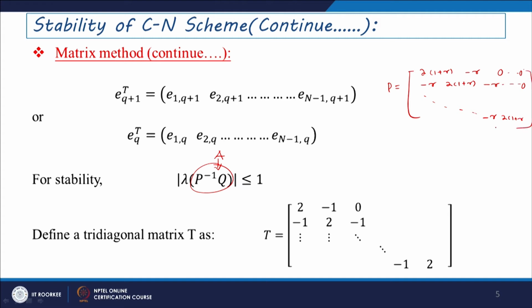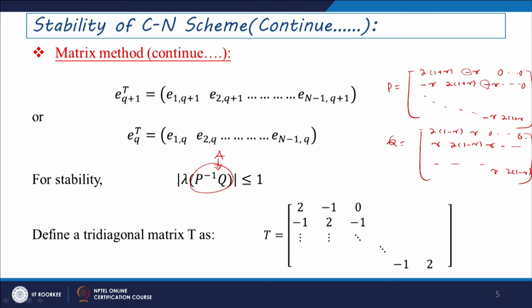Similarly, the Q term also involves these terms like 2 into 1 minus R0, and then the next term R2 into 1 minus R continues. Likewise, the last term is written as R2 into 1 minus R. If you take the diagonal elements here, each of these R coefficients involves a multiplier term of 2, and the immediate next term contains minus 1, and so it goes on.